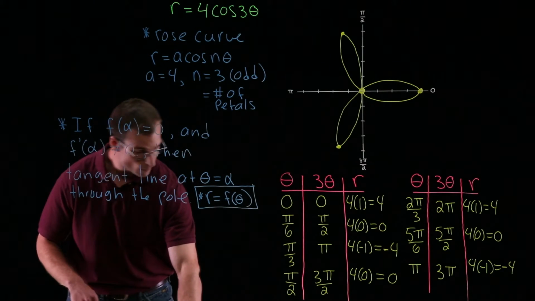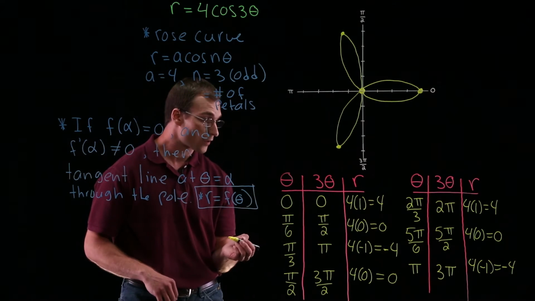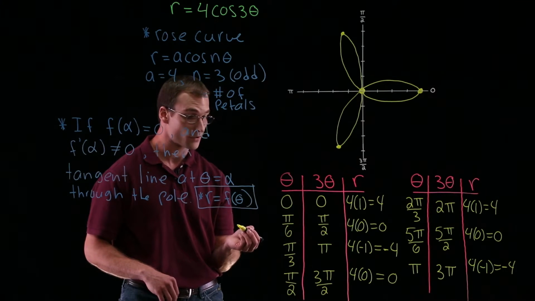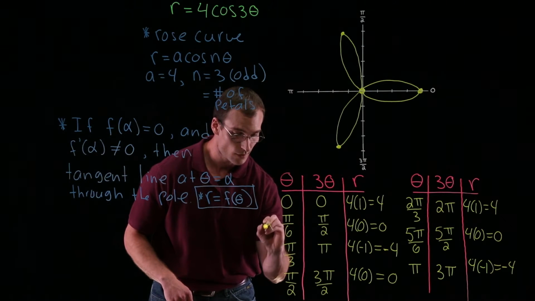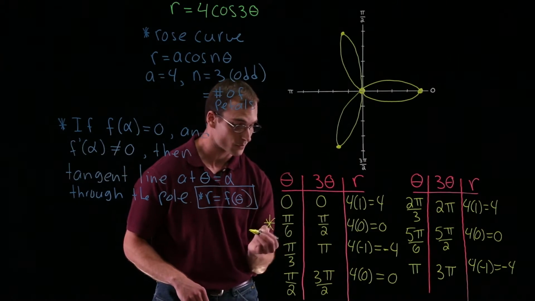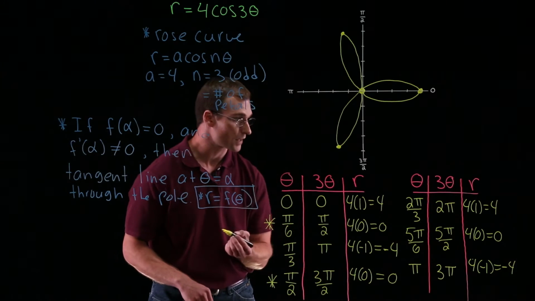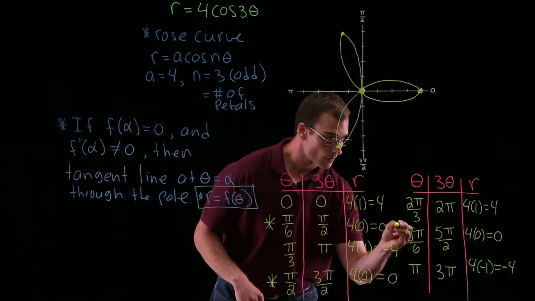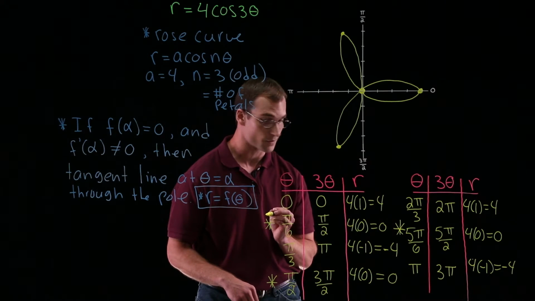So from this, we've already done a lot of the legwork. If we take a look at our table, looking where r is equal to 0 and which angles give us that, we have pi over 6, pi over 2, and 5 pi over 6, where r was equal to 0.